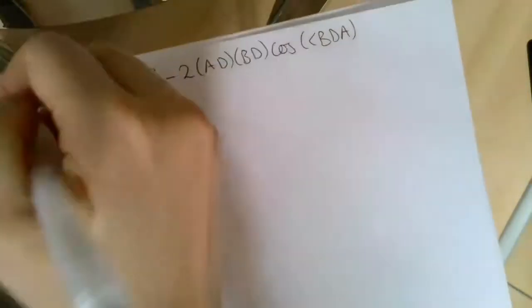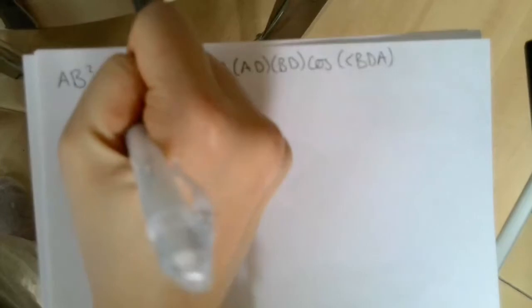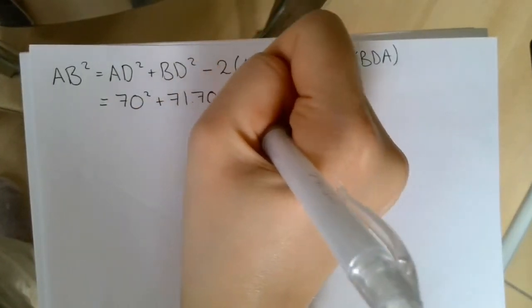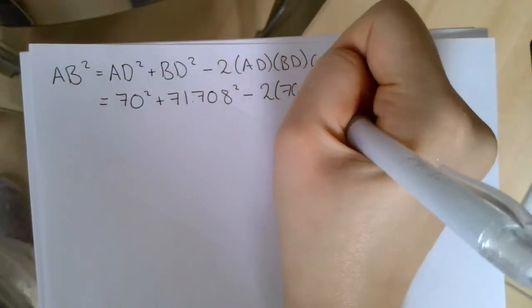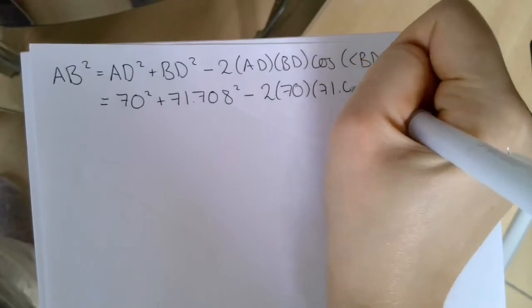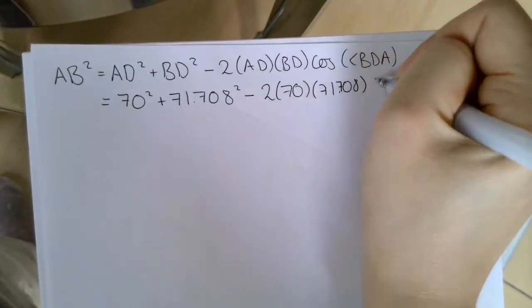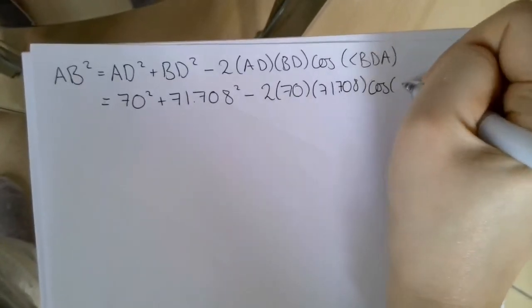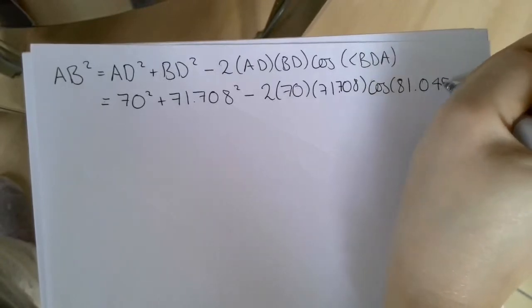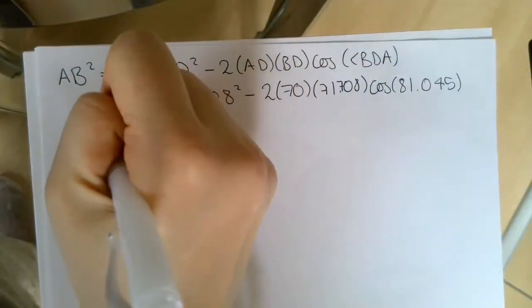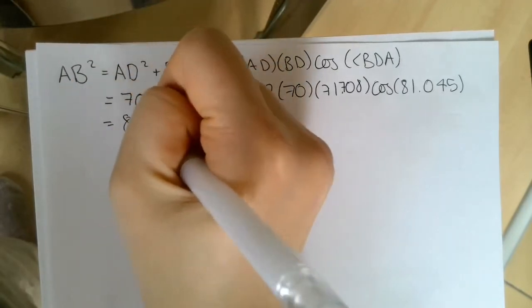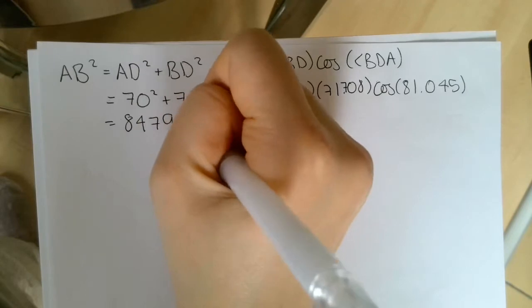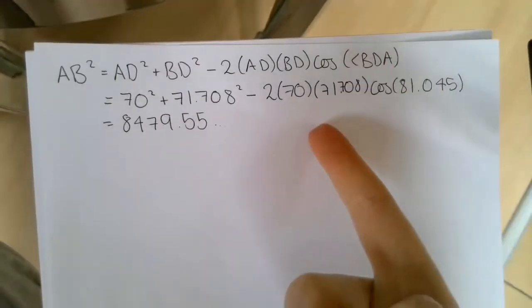So this is equal to 70 squared plus 71.708 squared, subtract 2 times 70 times 71.708 multiplied by cos 81.045, which is equal to 8,479.55 when you put that into your calculator.